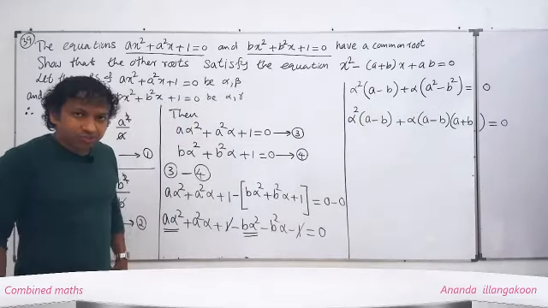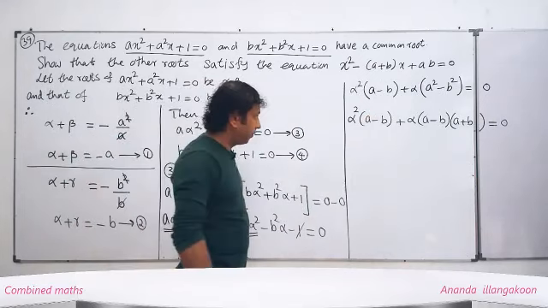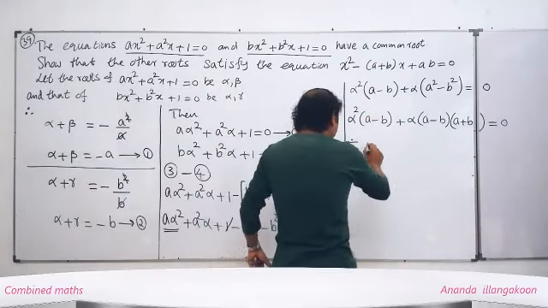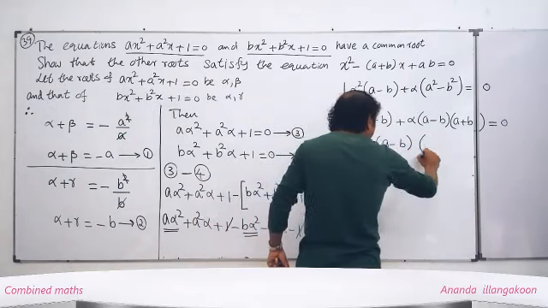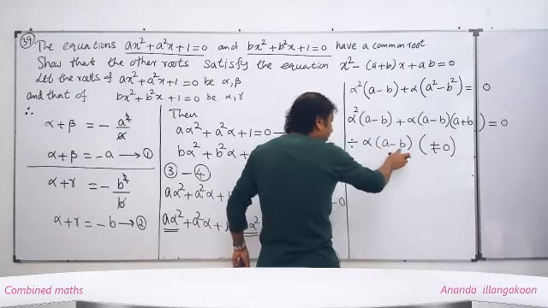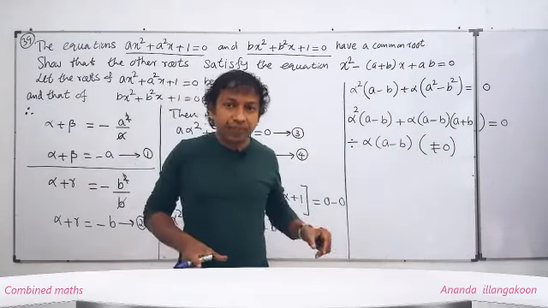Now what I do is this: I divide both sides by alpha times A minus B. And right here, this is not equal to 0. What? Alpha times A minus B. By that only we divide both sides of the equation.